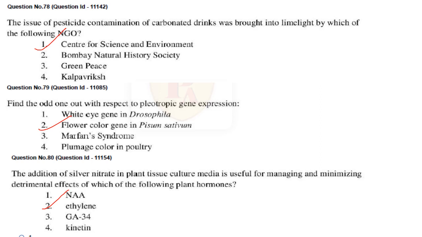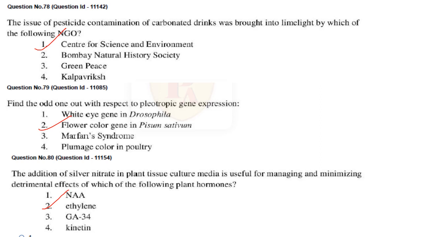Marfan syndrome affects the connective tissues and it is an autosomal dominant disorder. It is caused by mutation of the FBN1 gene that makes fibrillin, which results in abnormal connective tissue. Then plumage color in poultry. So they have asked for the odd one out, that is flower color gene in Pisum sativum.